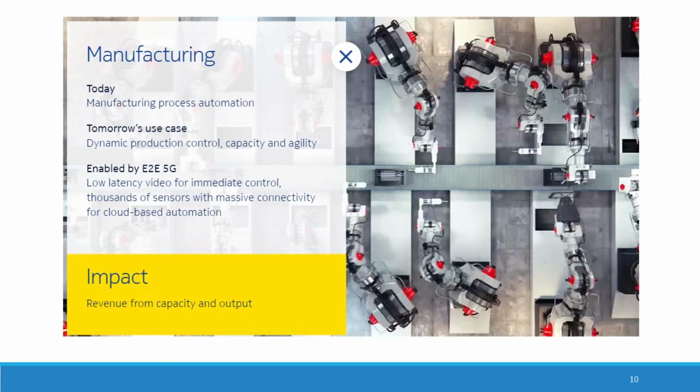Today, what we have is manufacturing process automation, right? It's very common. But what's tomorrow? Tomorrow, we hope we can have dynamic production control, capacity, and agility. So the robot can be smart, just like people.